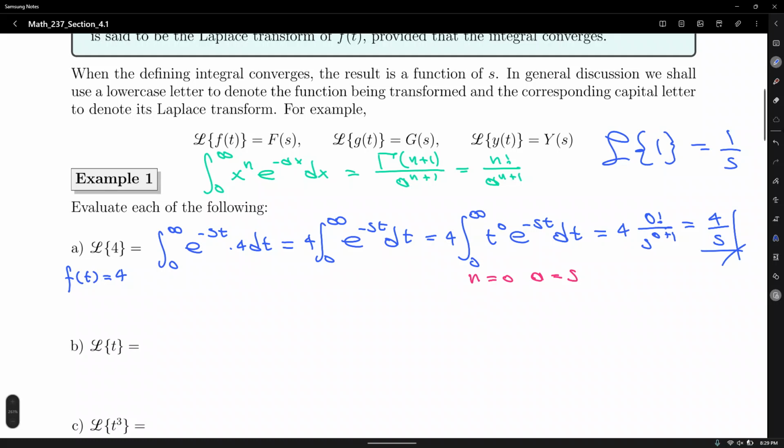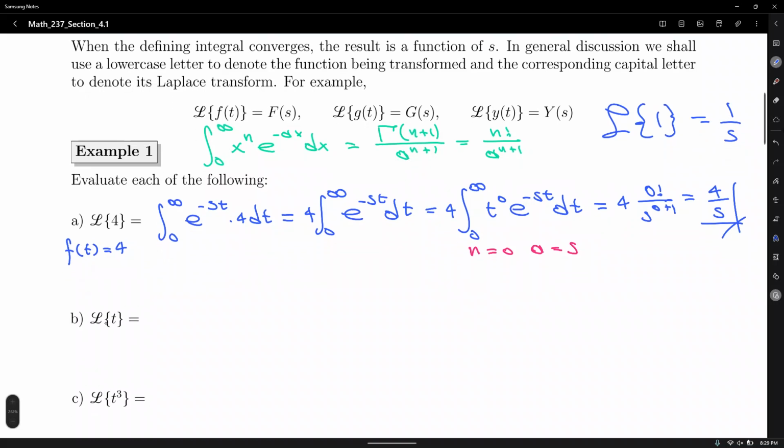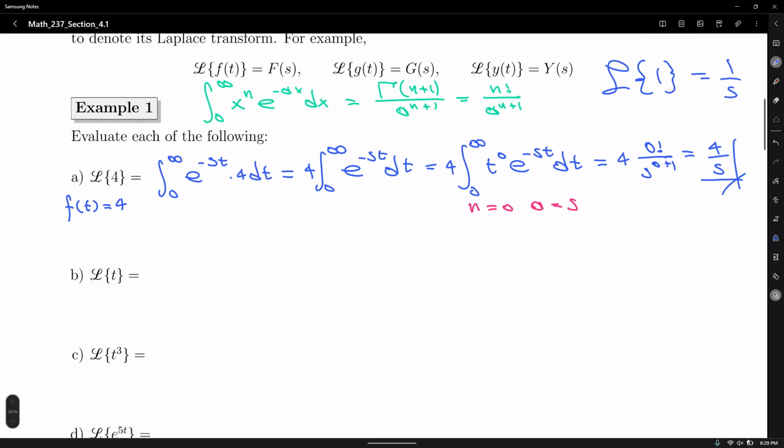All right. What about the Laplace transform of t? The function to be transformed would be f of t equals t. So this would be the integral from 0 to infinity of t e to the negative st dt.